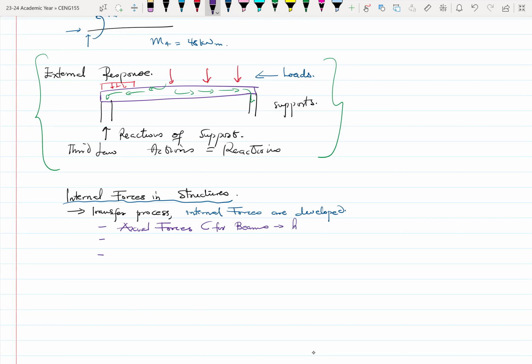Then we have the shear forces. Again for beams, these are usually vertical. Then we have the bending moment.